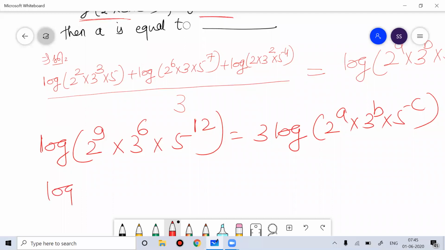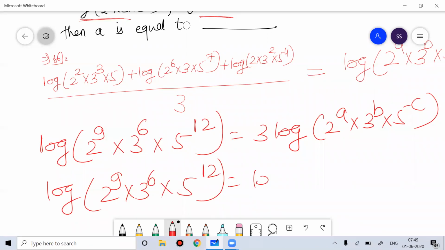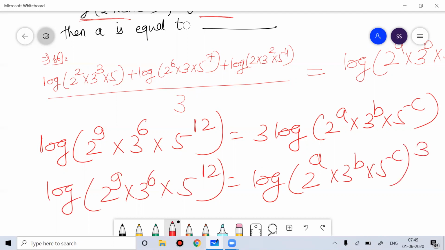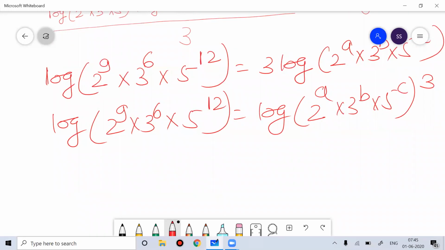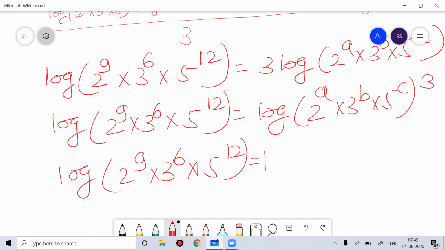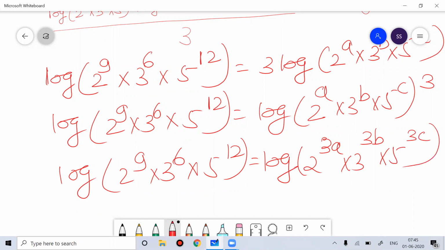So I can write log of 2 to the power 9 into 3 to the power 6 into 5 to the power 12 is equal to log of 2 to the power a into 3 to the power b into 5 to the power c whole cube. So it means log of 2 to the power 9 into 3 to the power 6 into 5 to the power 12 is equal to log of 2 to the power 3a into 3 to the power 3b into 5 to the power 3c.